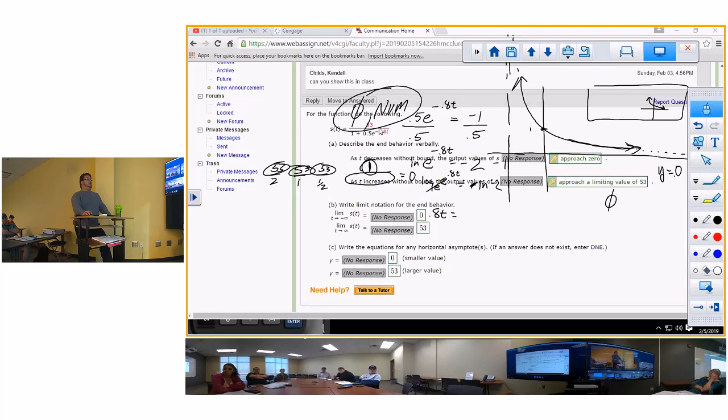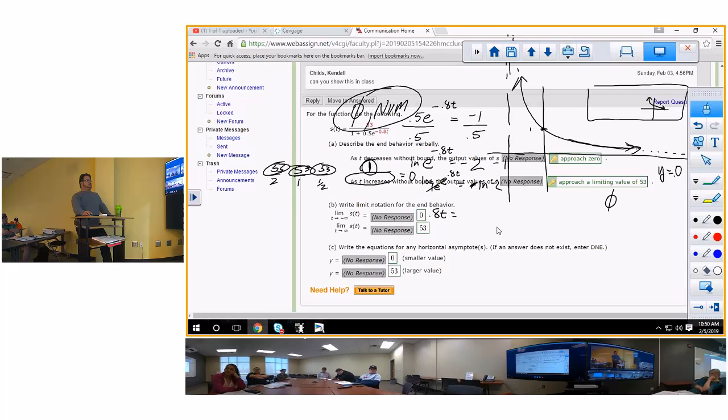The denominator. So it'd be 53 divided by parentheses 1 plus 0.5 e to the negative 0.8t, close parentheses, and then you'll see where the 53 comes into effect.